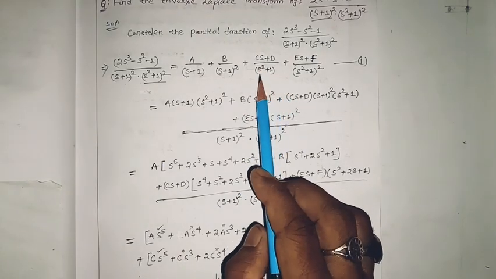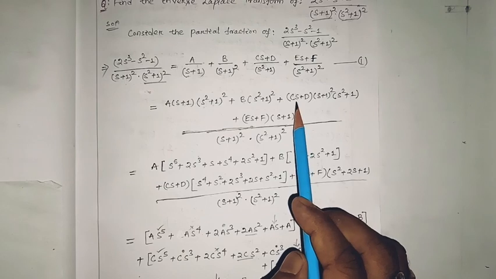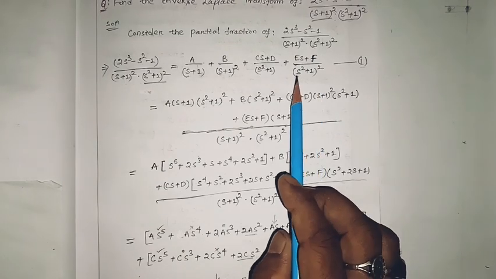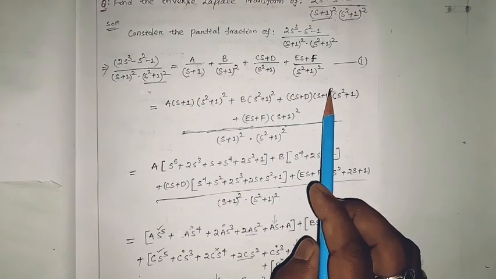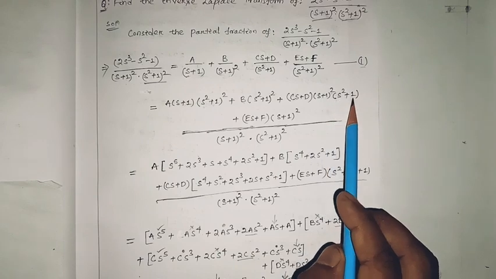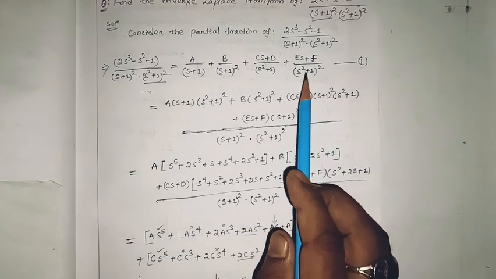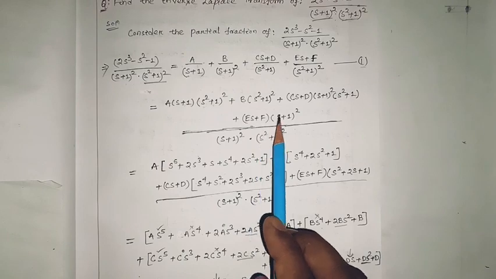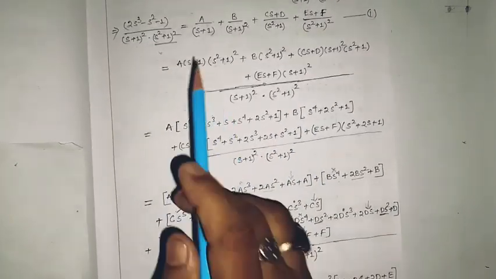For (cs plus d) by (s square plus 1), at the time of adding, (cs plus d) will be multiplied by (s plus 1) whole square into (s square plus 1). Simple addition, plus (es plus f) into (s plus 1) whole square. I just multiplied all.